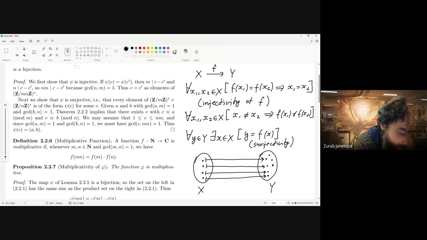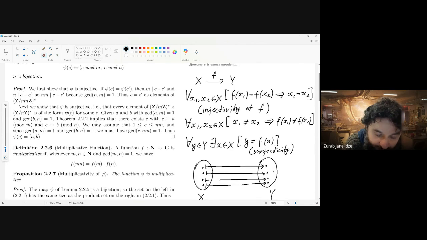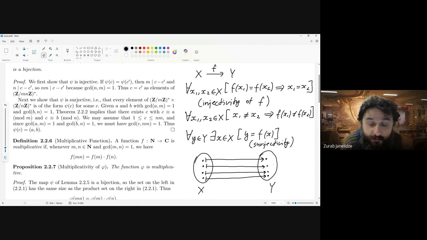So basically, in our previous picture, we couldn't have any further elements in Y that do not come from the set X. As you can see from this diagram, the two together, injectivity and surjectivity, ensure that the two sets have the same number of elements.